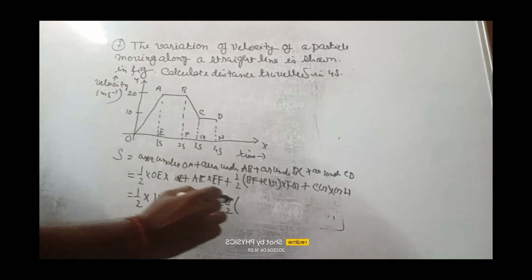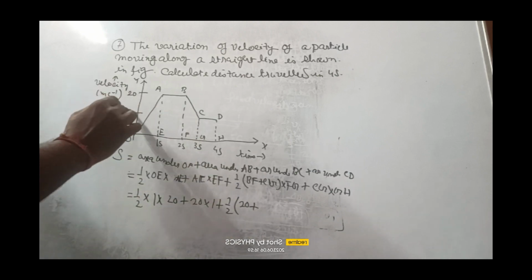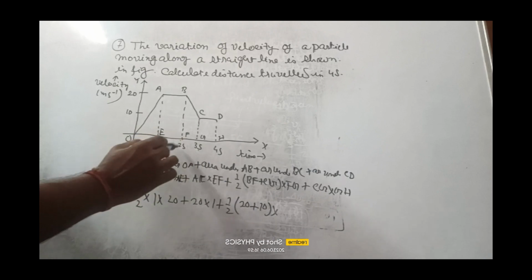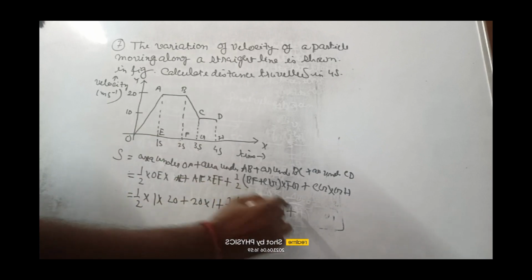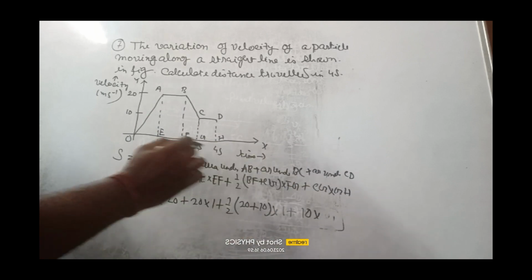BF is 20 plus CG is 10 into FG is again 3 minus 2, that is 1 second, plus CG is 10 into GH is 4 minus 3, that is 1.